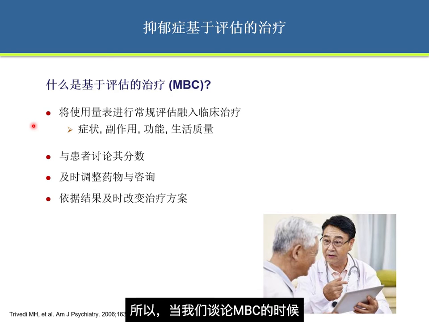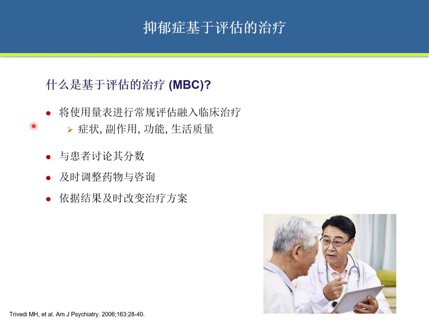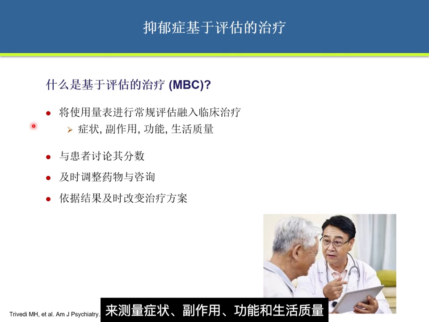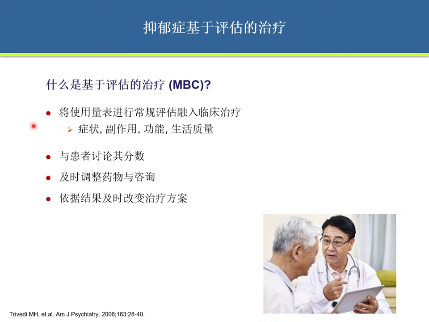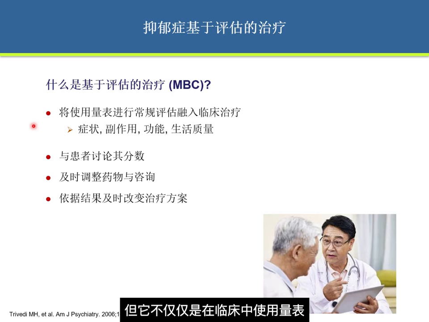So when we are talking about measurement-based care, we're really talking about routinely using validated scales that are integrated into our clinical care of patients. And we can use scales to measure symptoms, to measure side effects, functioning, and quality of life. But it's more than just using a scale once in clinical practice. We also need to discuss the scores with patients so they understand what the scales are representing.